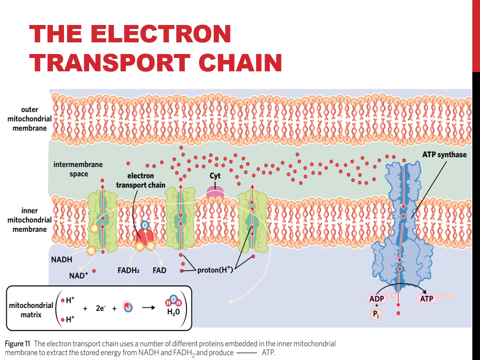So here we go. We have, of course, our NADH and FADH2, and they're working their magic with these electrons here. The electrons go through the membrane, through these proteins here, of which we don't need to really know what they are.